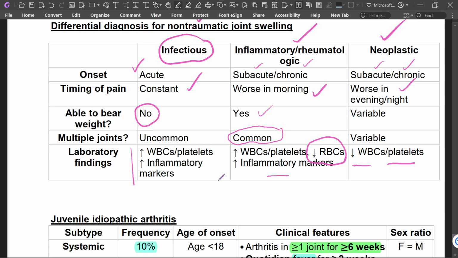So if I am going to talk about non-traumatic joint swelling, you have to divide it into three parts: infectious, inflammatory or rheumatological, and neoplastic.